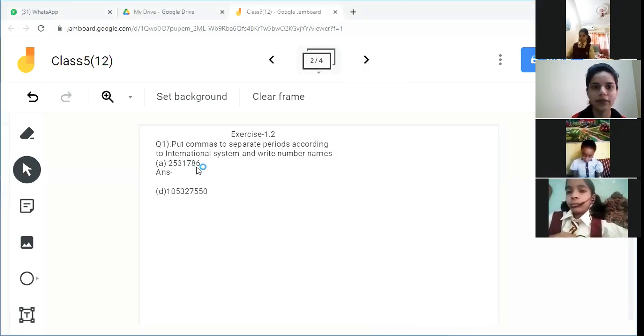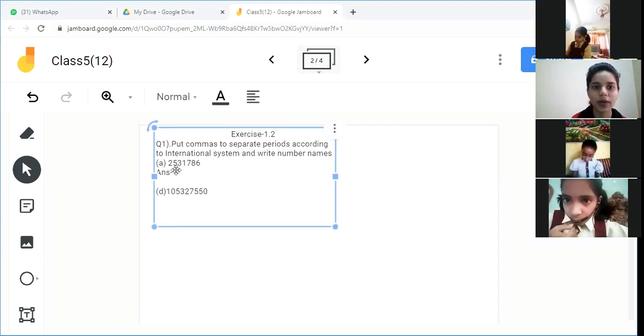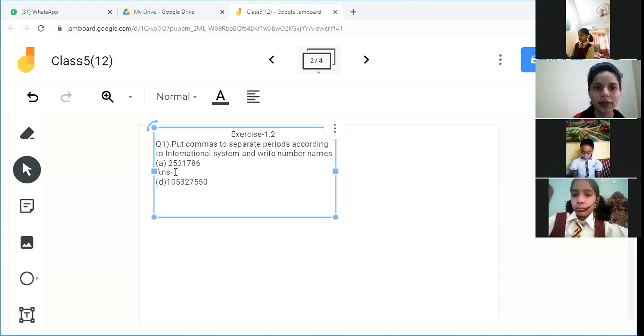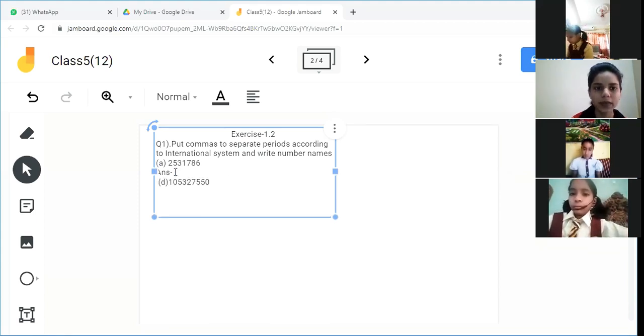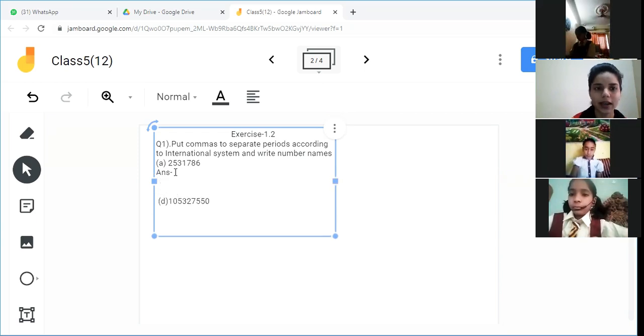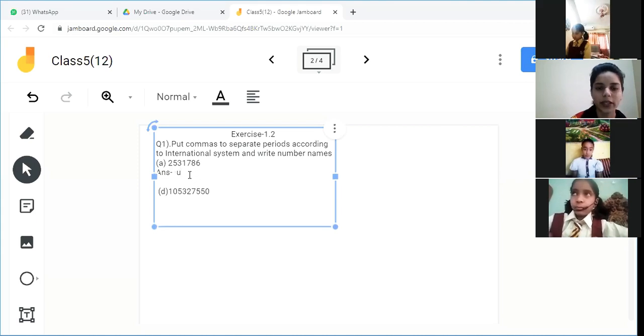So here in exercise 1.2, the first question is to put commas to separate periods according to the international system, and write number names also. So here we have to put commas according to the international system of numeration. Children, I have already given you the place value chart and explained how to put commas according to the Indian system of numeration and the international system of numeration.